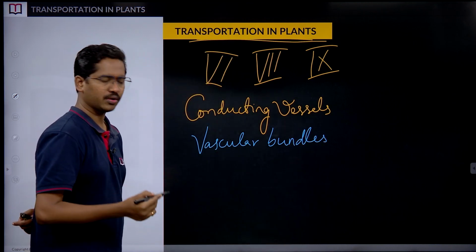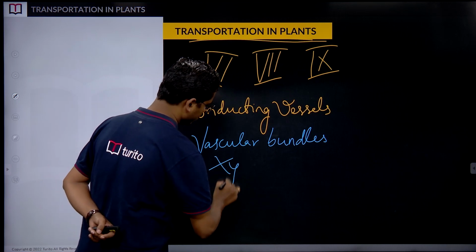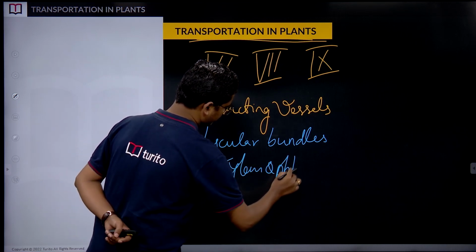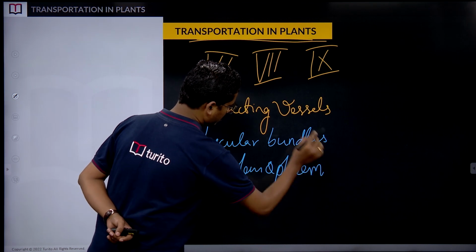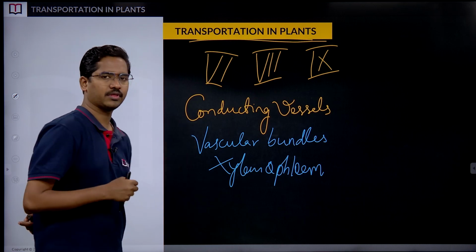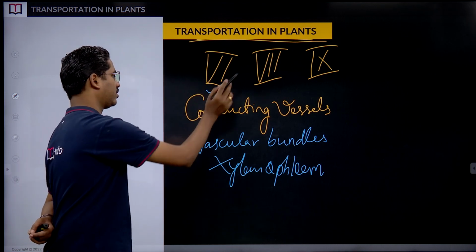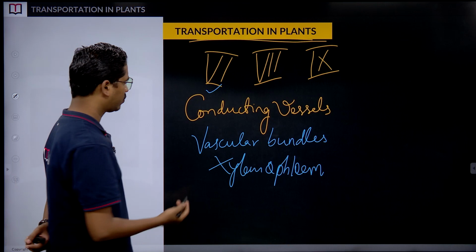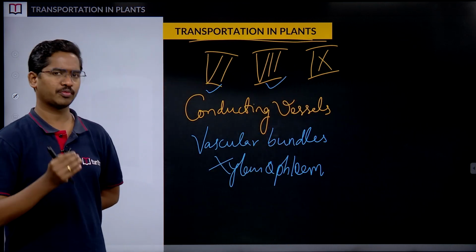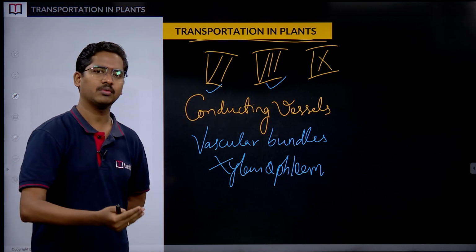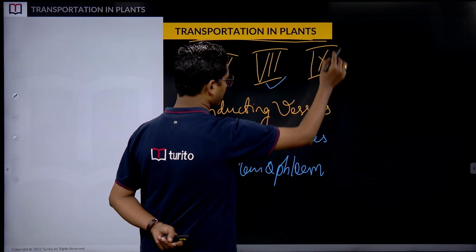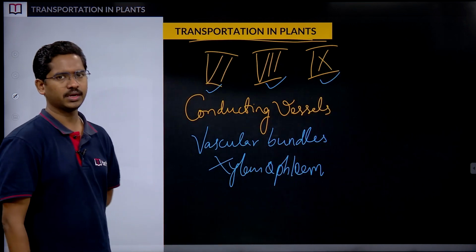And I also read out that there are students saying xylem and phloem, okay, correct. So, you all are to the point. You are saying conducting vessels we first come across in grade 6th. We may also read the vascular bundles at this point of time, and when it comes to xylem and phloem, to be more specific about their components and how they function, we come across in this particular class, right.